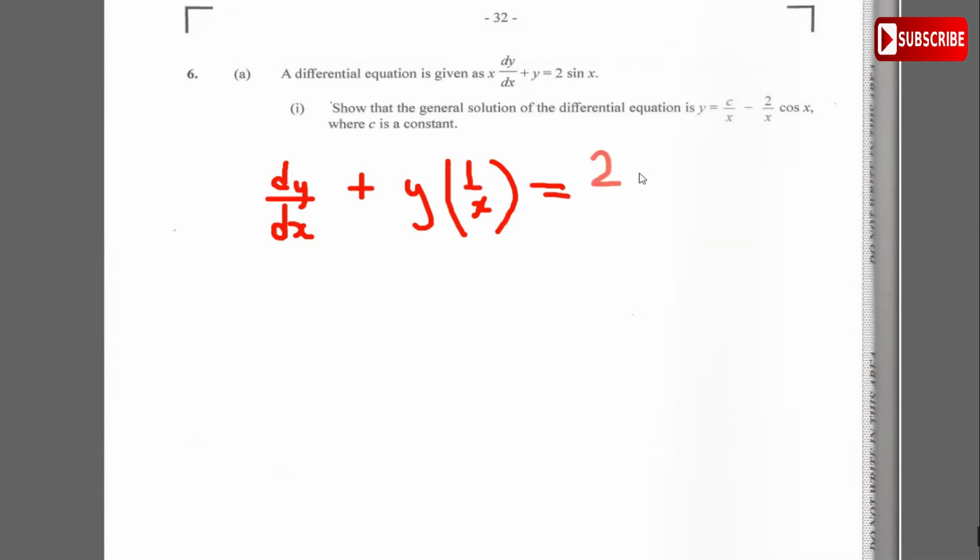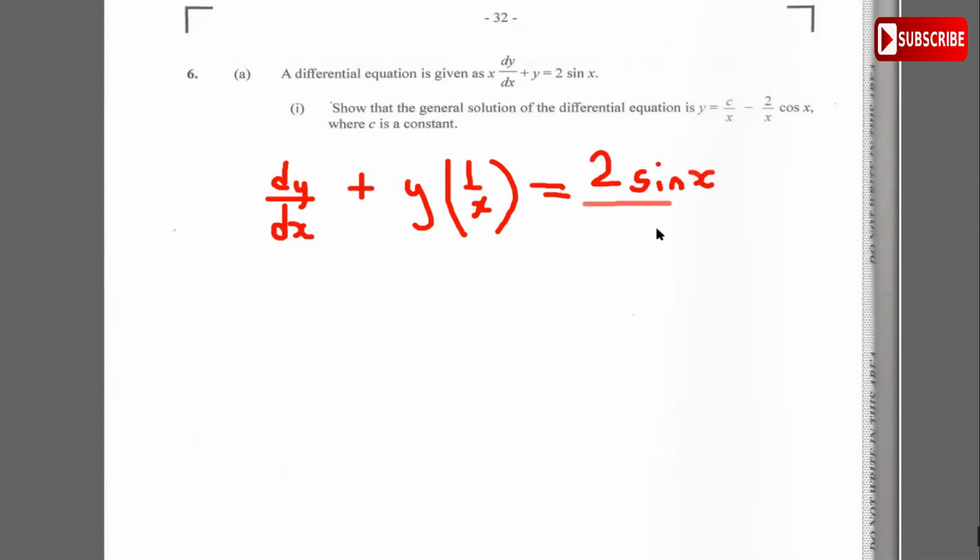So to do this, first you want to divide through by x to get it in the form dy by dx. When you divide through by x, you get dy by dx plus y times 1 over x equal to 2 sine x over x. And then what is the first thing you need to do?